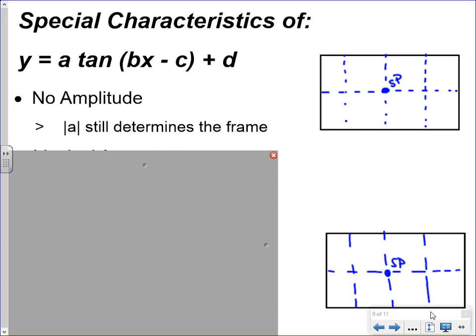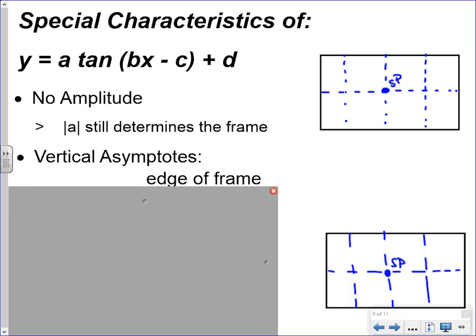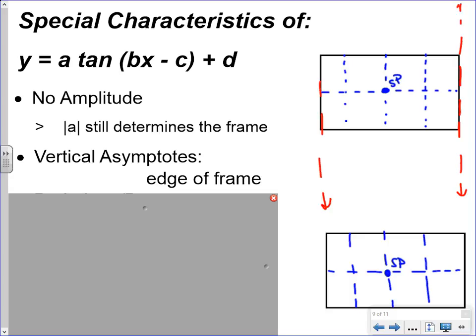So we're still going to draw our frame up A and down A. We just can't call it amplitude because it's a tangent graph. You are going to have vertical asymptotes, and those are going to be on the very edge of your frame. So wherever your frame starts and stops, that is where your asymptotes are going to be.